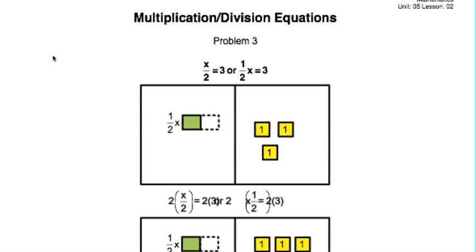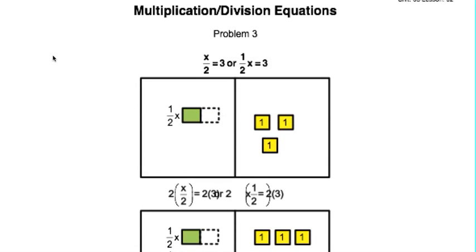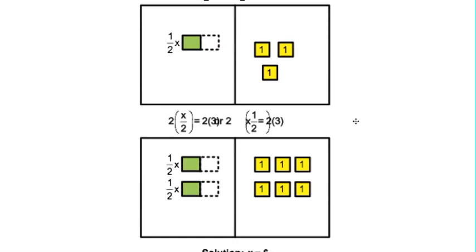Look at problem 3. This is a division problem, which is a little bit challenging. We have 1/2 of an x is equal to 3. Well, in order to solve this problem, we're going to have to use a multiplication property. We know that we have a half an x, but we need another half of an x. So if 1/2 x is equal to 3, another of the same half x will also equal 3.